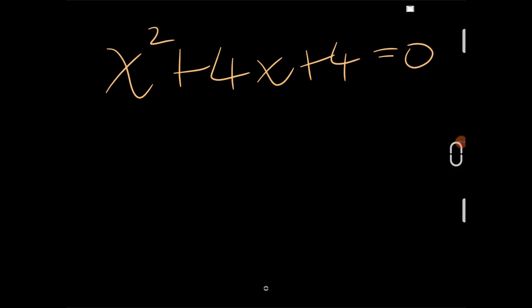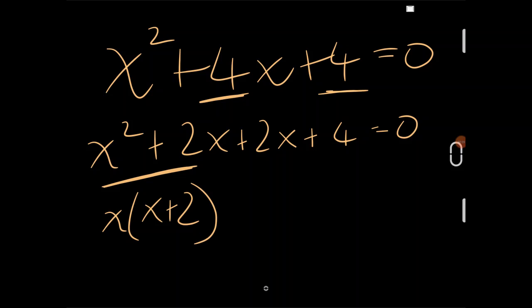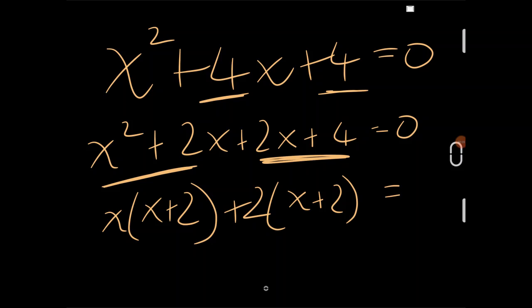It's the splitting the middle term method. Sum is 4, product is 4, so it will become x square plus 2x plus 2x plus 4 is equal to 0. Then you take common x, it will be x plus 2, and you take common 2 from here, it will be x plus 2 is equal to 0.